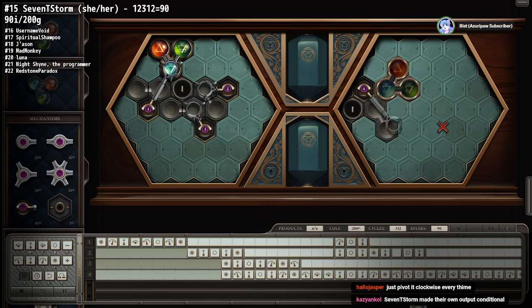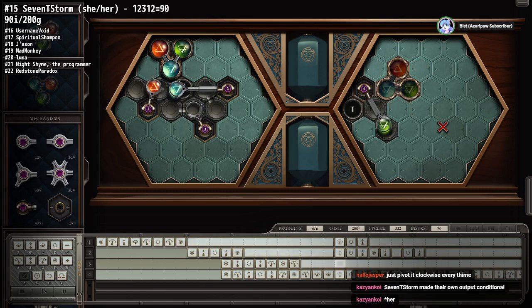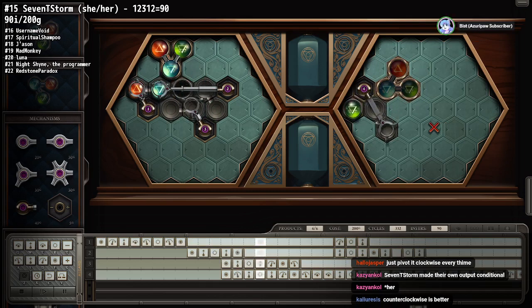It's less so an output conditional and more so I can get away with this because it's not a full molecule. Where that drop on the output would have been the full 3 outputs because it doesn't grab, it grabs from the near atom. Counterclockwise is better.